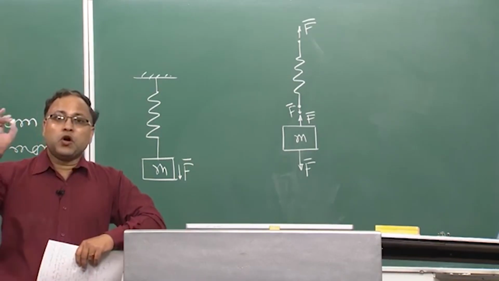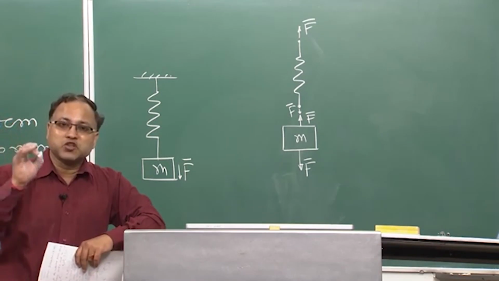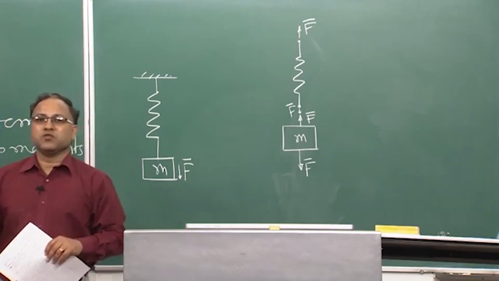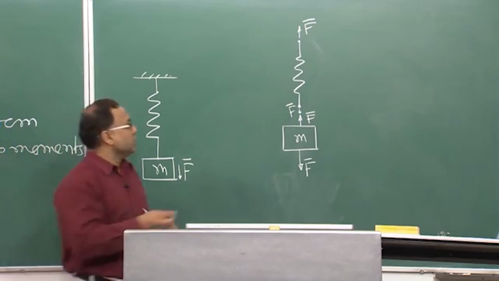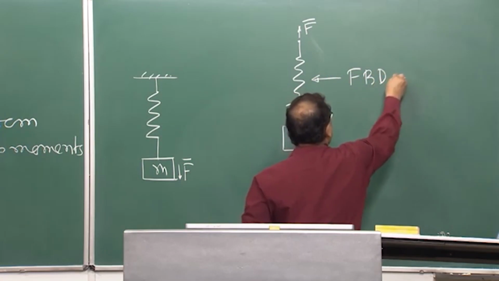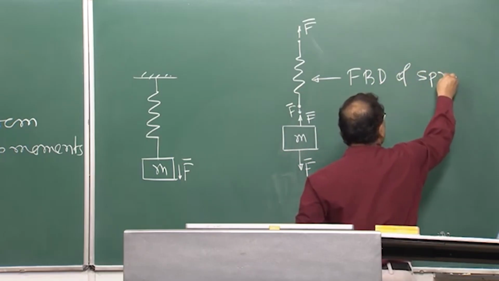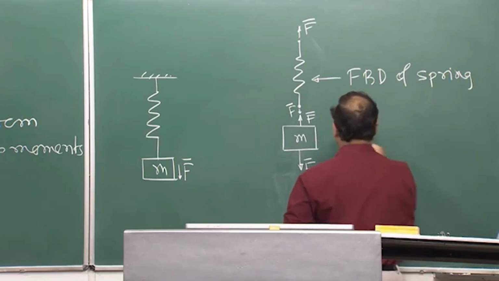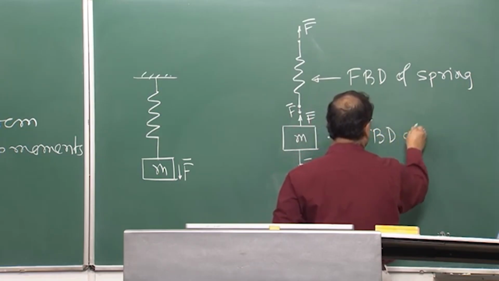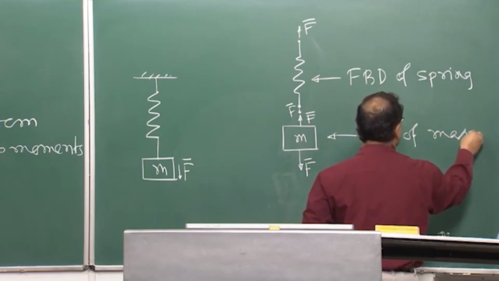So, only the external forces and moments you are showing on the isolated system, and that isolated system is known as the free body diagram. So, this is your FBD of spring, and this is your FBD of mass.